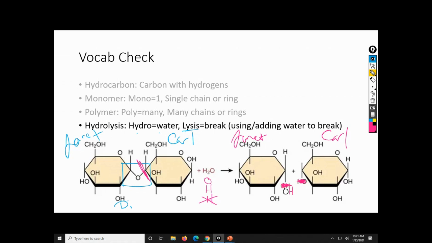Okay, Carl. He only has an elbow, remember, because of where we broke this. So Carl needs a fist. We're going to go ahead and give him a fist. Cross off the fist. Okay, and then Carl also needs a mitten for his fist.